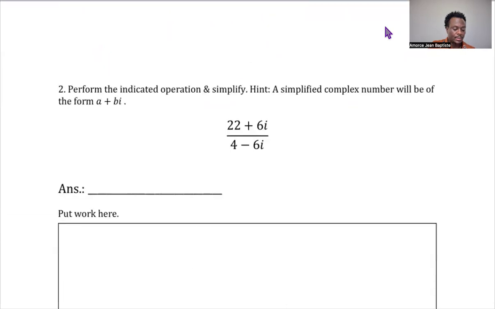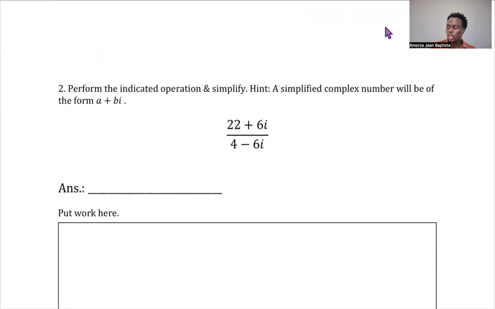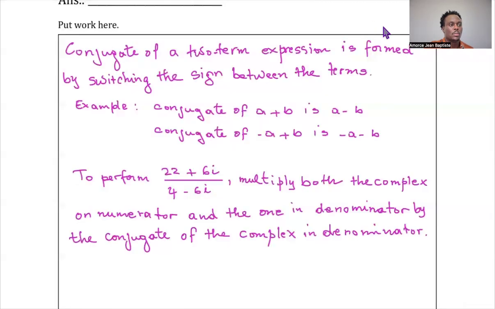Okay, so next, we also talk about the conjugate of a complex number. You can refer to the notes that I posted in Blackboard, but I'm going to put them right here for you to see as well.